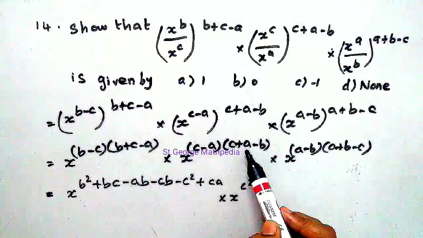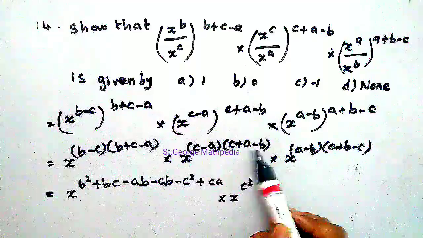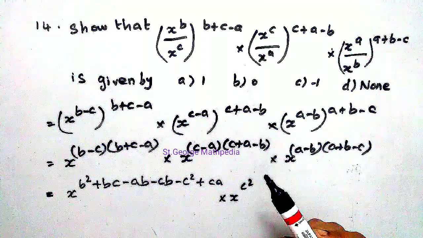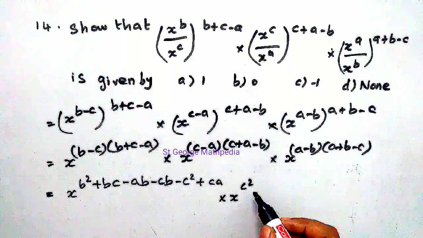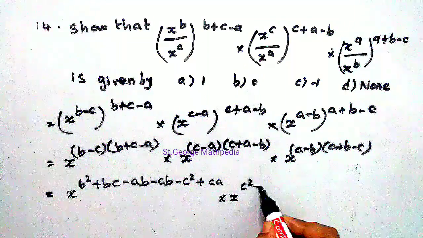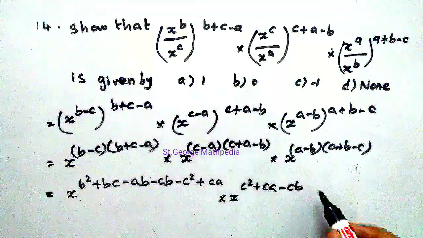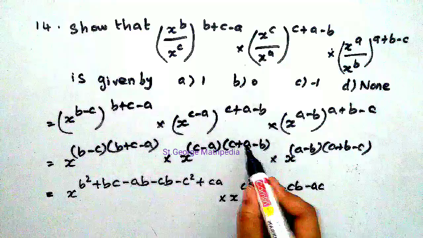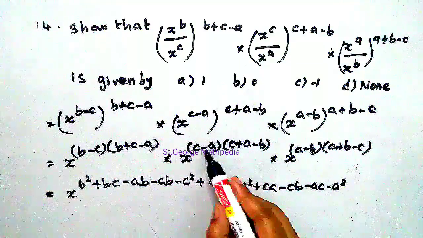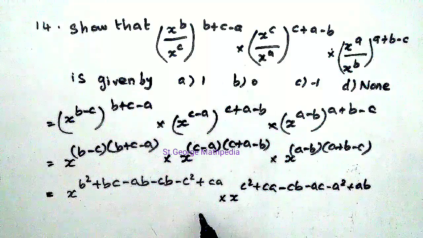You can directly multiply (c minus a) into (c plus a) is c squared minus a squared, then you can just multiply (c minus a) with this minus b. That is also correct. c into c, c squared, plus ca, minus cb, minus ac, minus a squared, minus into minus plus ab.